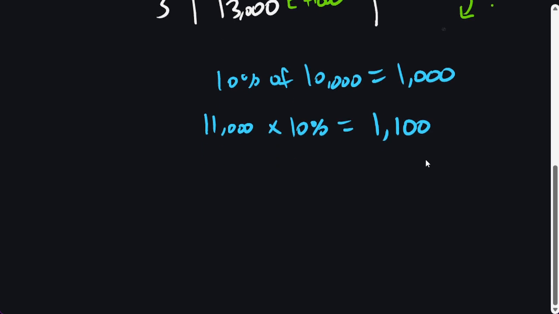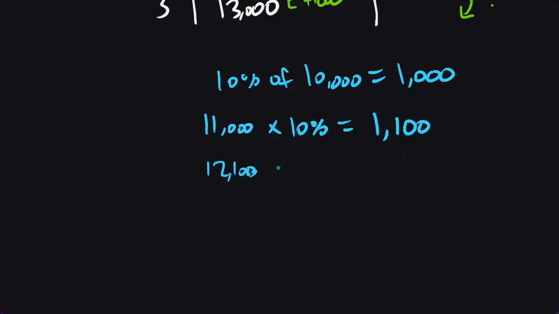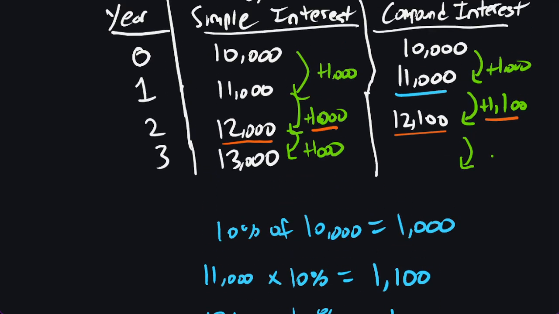So 12,100 times 10% is 1,210. So your money is going to increase by 1,210. 1,210 plus 12,100 gives you 13,310.